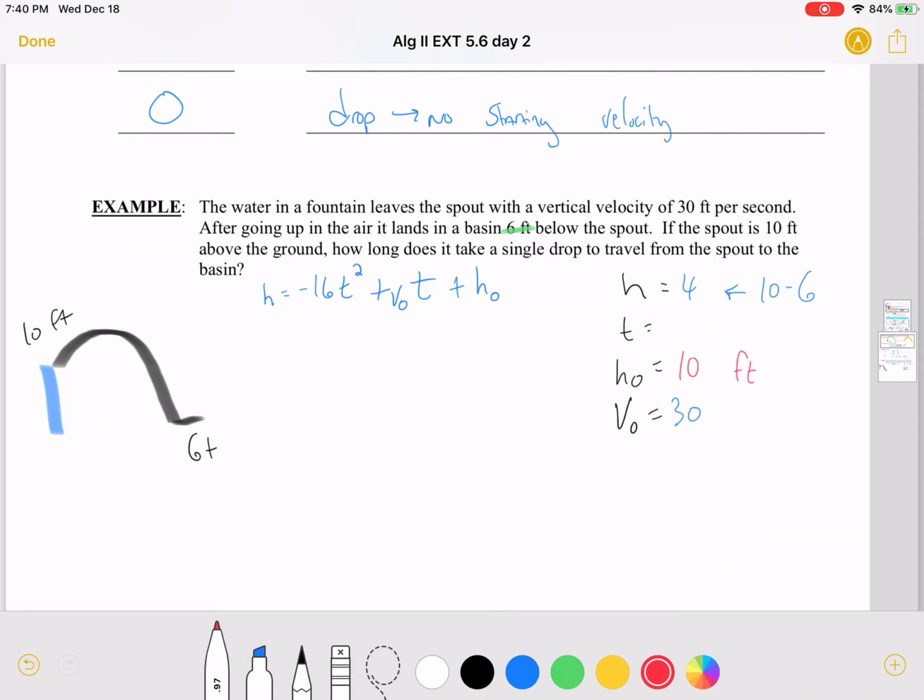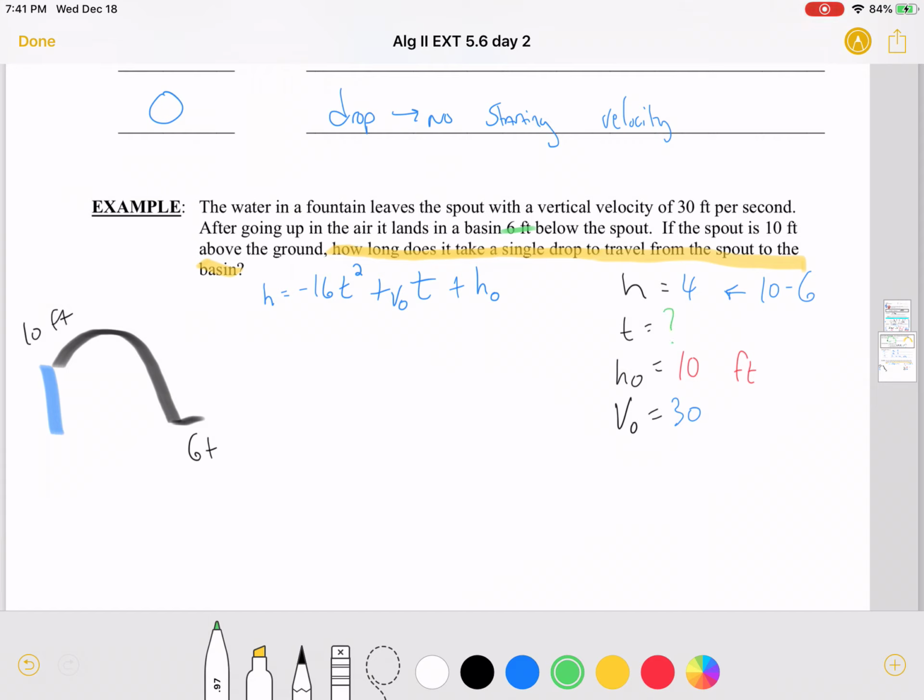So now all we need to do is plug these values into the equation, but we don't know what T is. Well, what does our question ask? Our question asks us, how long does it take for a single drop to travel from the spout to the basin? So in other words, we don't know what T is, and that's what we're trying to find.